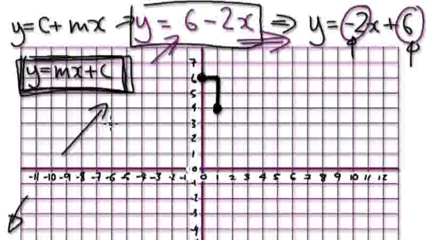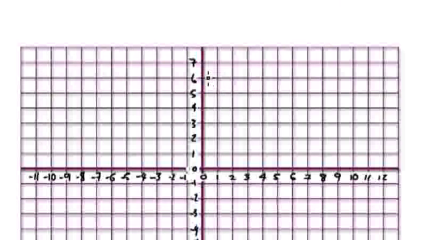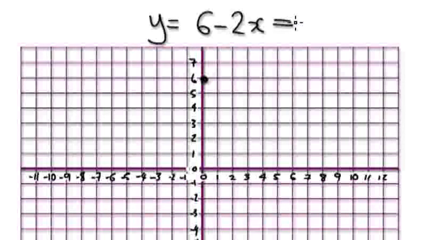It cannot be going uphill like this. It needs to be going downhill because the gradient is minus 2. So the intercept is here. Remember, we're drawing y equals 6 minus 2x, but we are going to visualize it as y equals minus 2x plus 6.